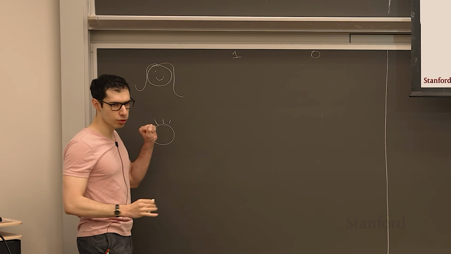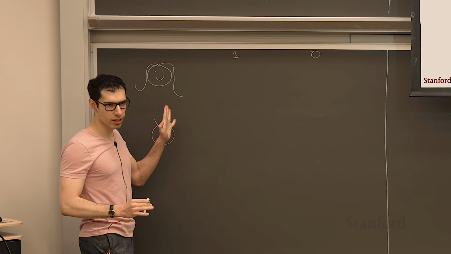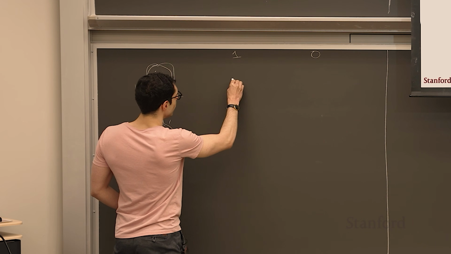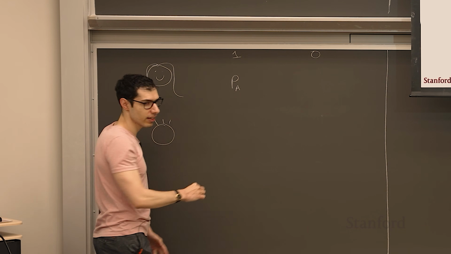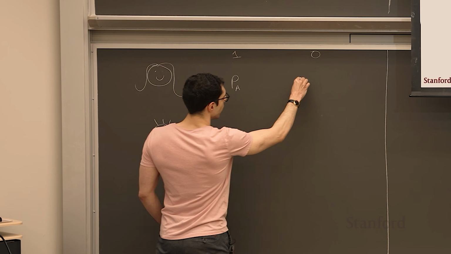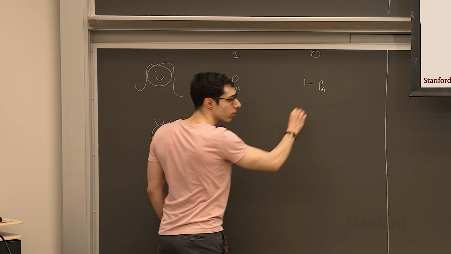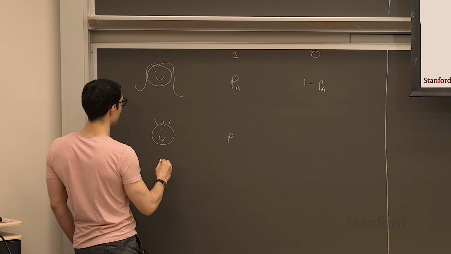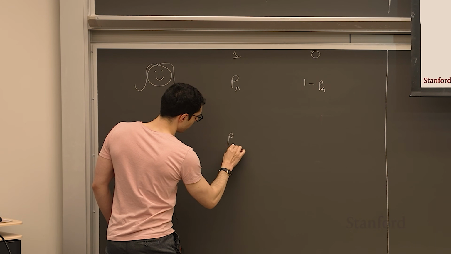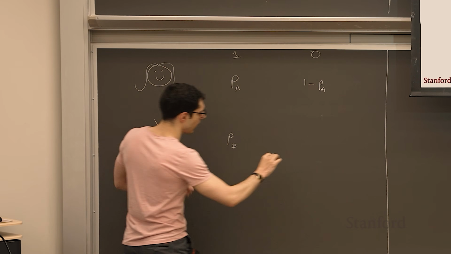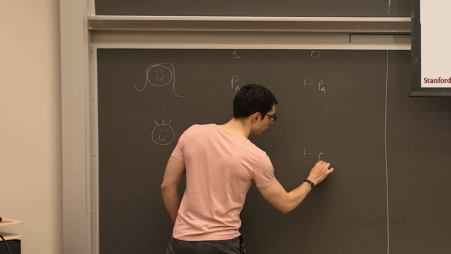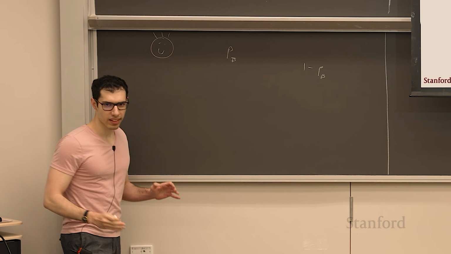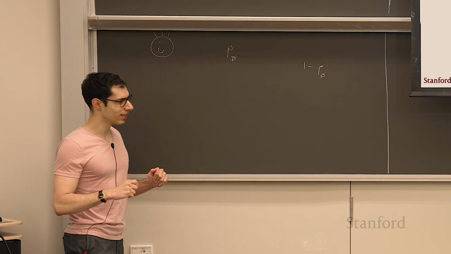So if we assume that the first rater gives random responses with some probability P of A for being good and 1 minus P of A for being not good, and then let's say Bob has P of B for being good and 1 minus P of B for being not good, then let's compute the agreement rate for this case.